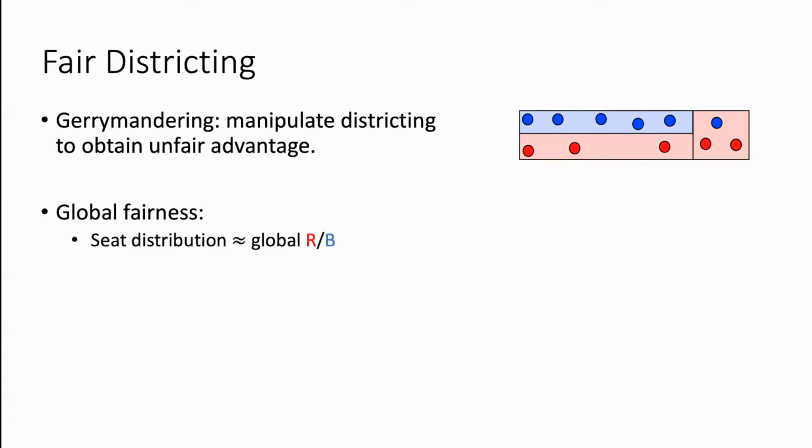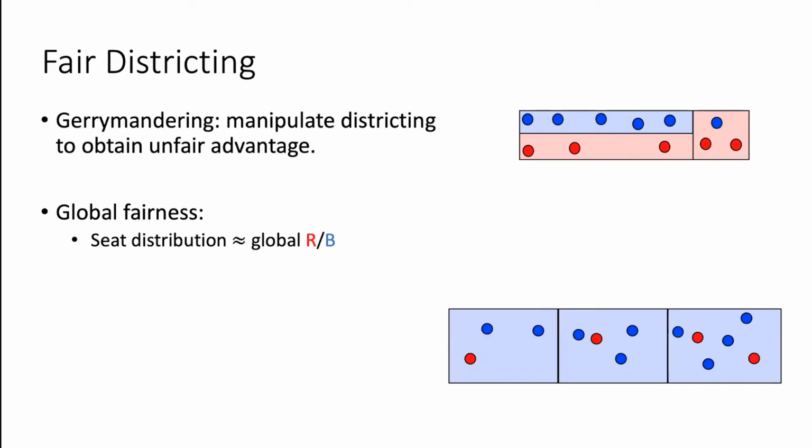This seems like an ideal goal. This is what we would like to achieve. If the US population is 70% red and 30% blue, then you want 70% of the House seats to have red representatives and 30% to have blue representatives.